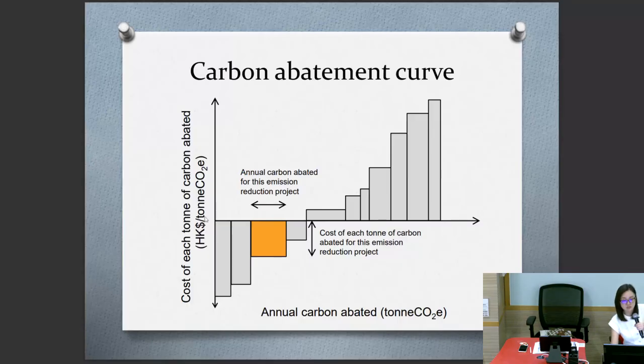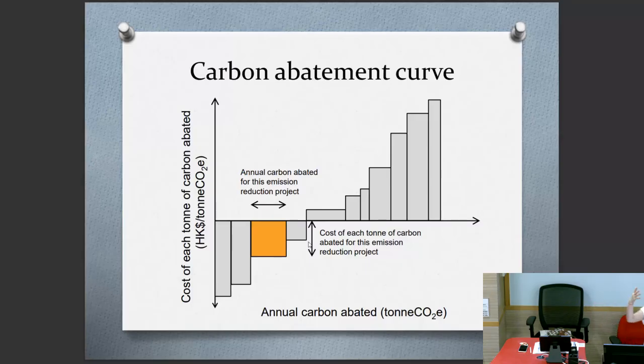Makes sense? And then in the x-axis, they are the annual carbon abated. So annually, every year, how much carbon can be reduced by different kinds of strategies. Every kind of strategy will have a limit. You cannot reduce too much.